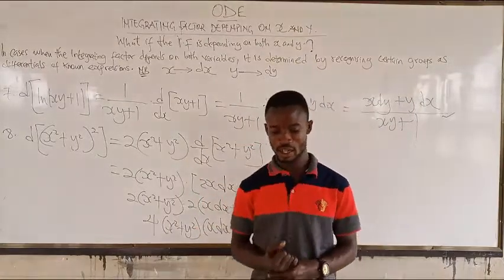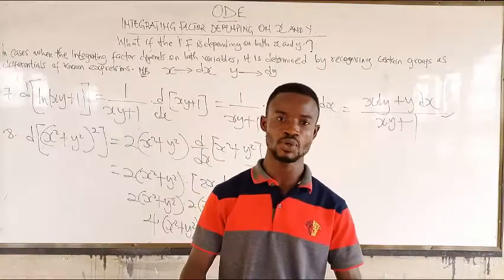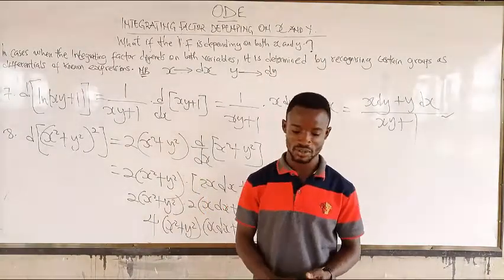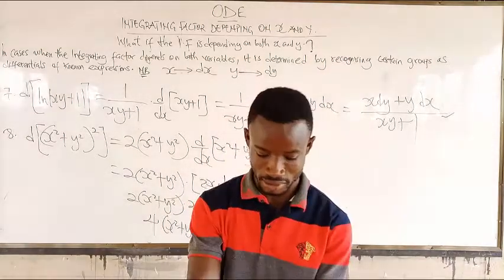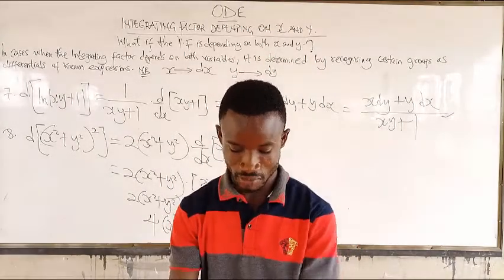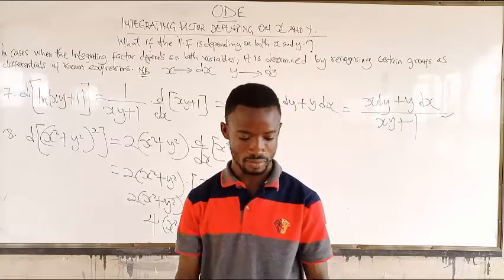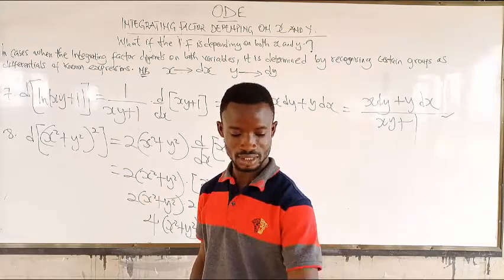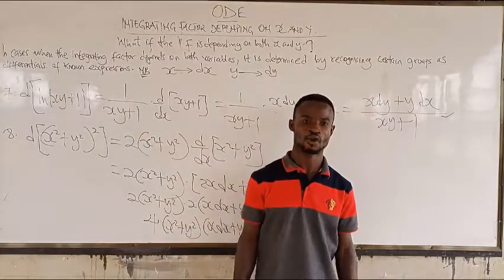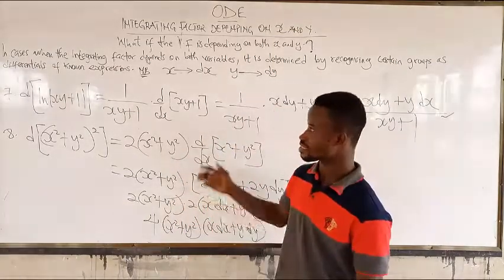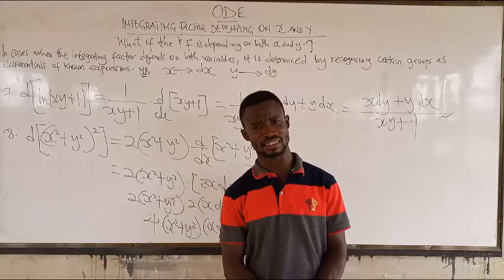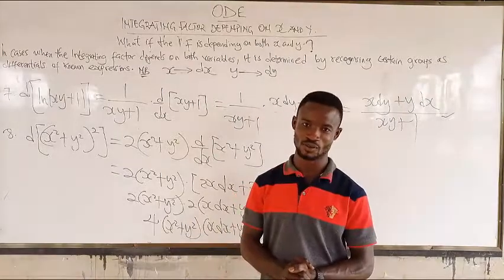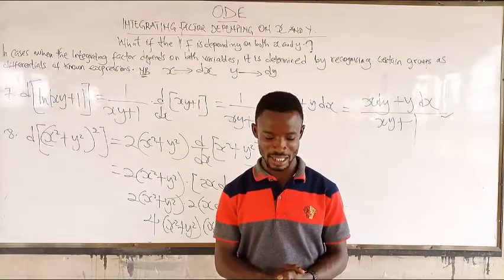I will be picking questions from their book under the tutorial set. I think we have about 5 or 6 questions from there concerning this idea, and we'll be looking at it. I may not solve all for you. I will leave some of them for you to go and do by yourself.